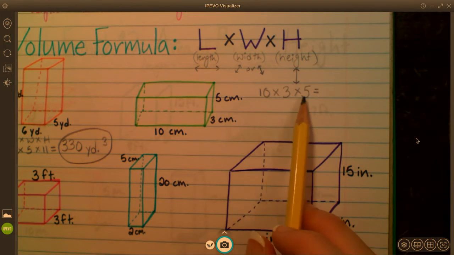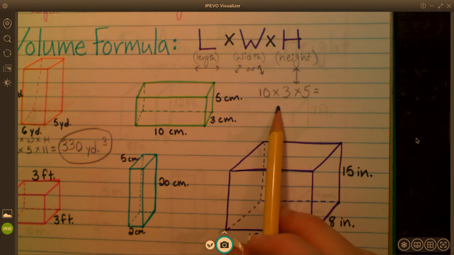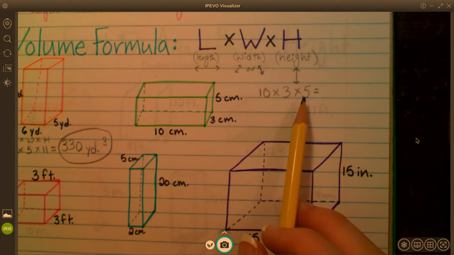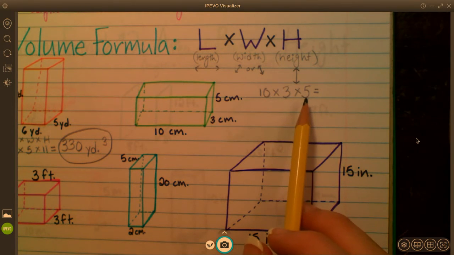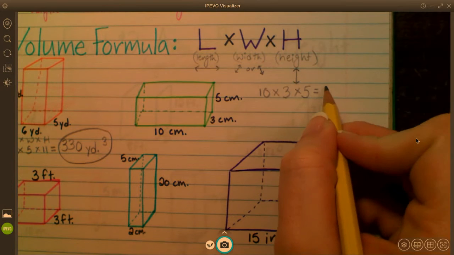So I'm going to work left to right. 10 times 3 is 30. 30 times 5, it's the same as taking 3 times 5 and then adding a 0 onto it. So 3 times 5 is 15, and if I add a 0 onto it, that's 150. Or 30 times 5 is 150.